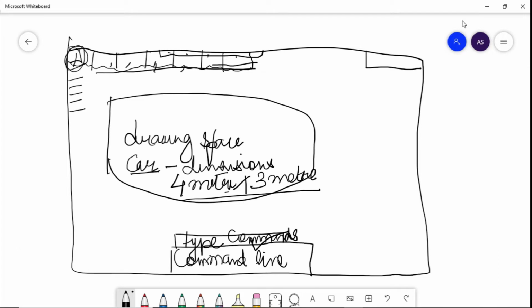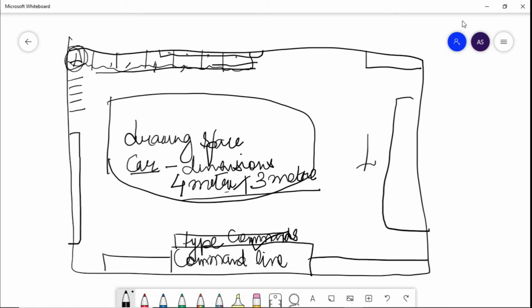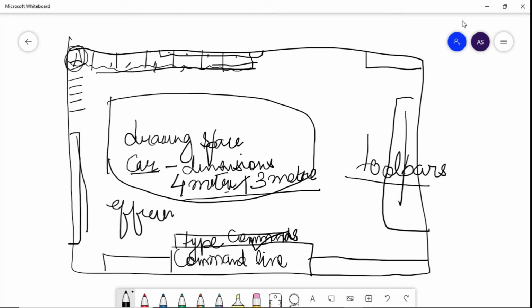And the space which is left on the left hand side, on the bottom side, can be further utilized to place your toolbars. So this space can be utilized to place the toolbars, and placing the toolbars here on the right hand side and here on the left hand side will make your work efficient, so that you don't have to repeatedly go to the menu bar and select the tools from here.